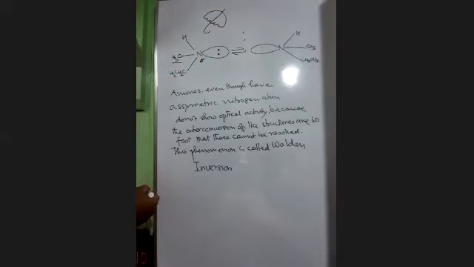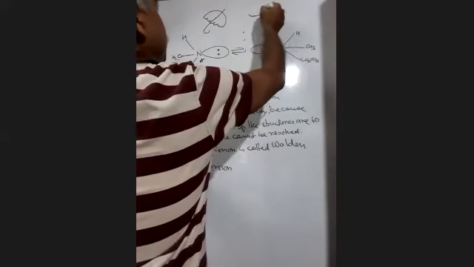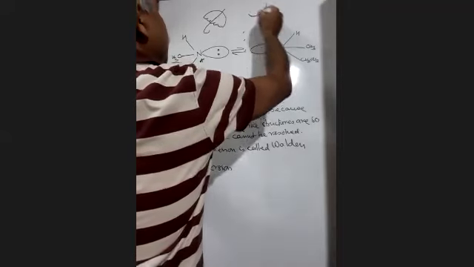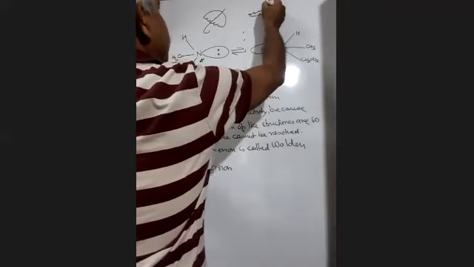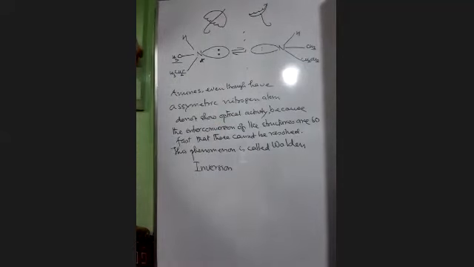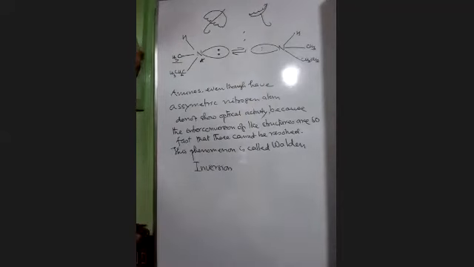Suddenly what happens? You find your umbrella got flipped. This is flipped. So this happens. This is called Walden inversion. In this case, just two structures move so fast that you cannot resolve them. Due to that, this compound does not show optical activity.